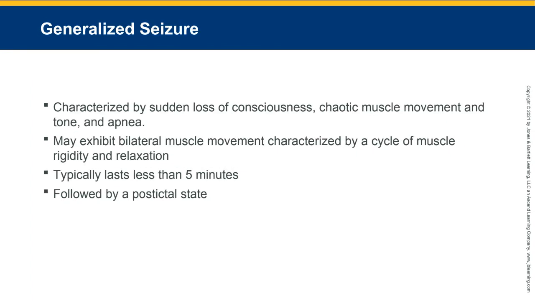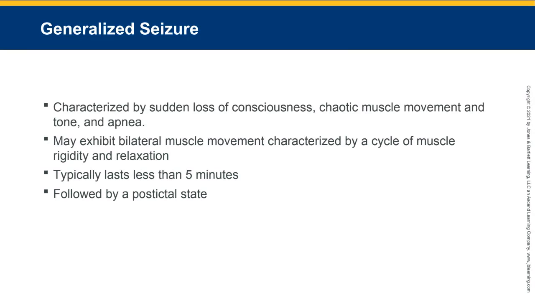Right. Now, generalized seizure. Characterized by a sudden loss of consciousness, chaotic muscle movement and tone, and apnea. So they don't breathe properly during this time, which is understandable, because if the impulses are firing erratically to the muscles, the diaphragm and intercostal muscles won't be able to function properly at that point.